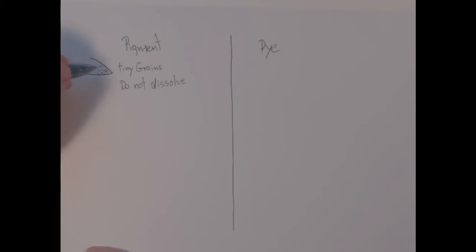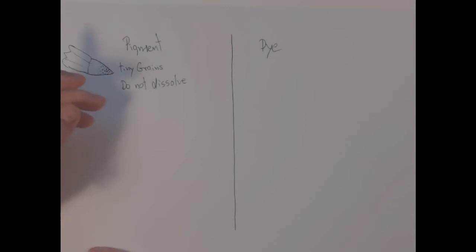If you have a watercolor pencil or even a wax pencil, when you use some kind of solvent, that being water or turpentine or things like that, if you dissolve pencils with any kind of solvent, you dissolve the carrying agent, not the pigments.